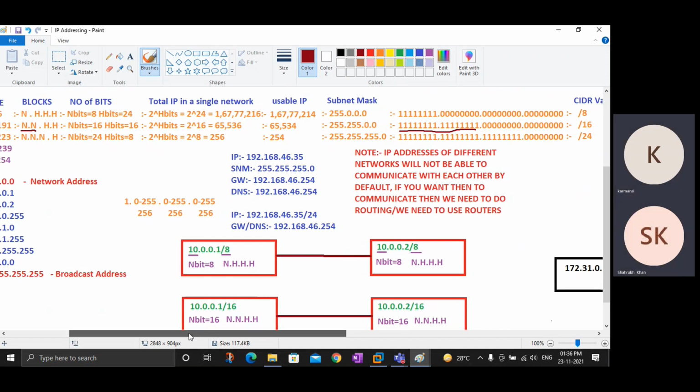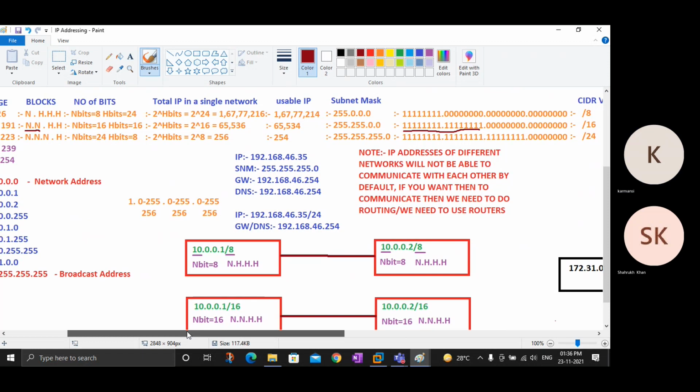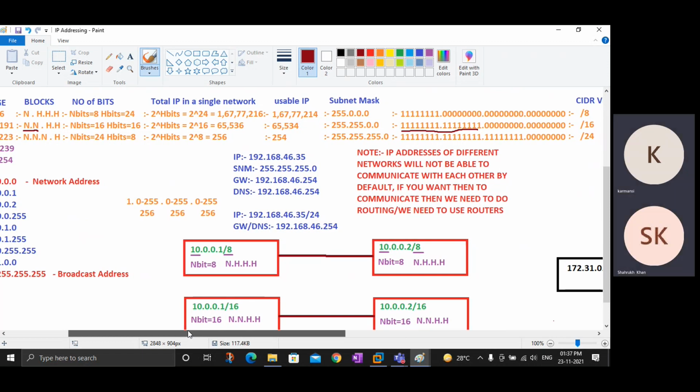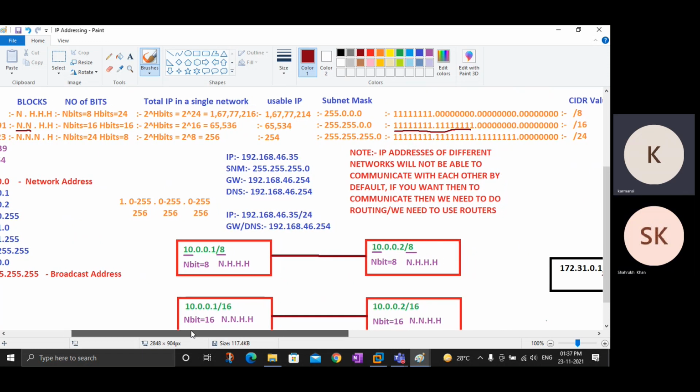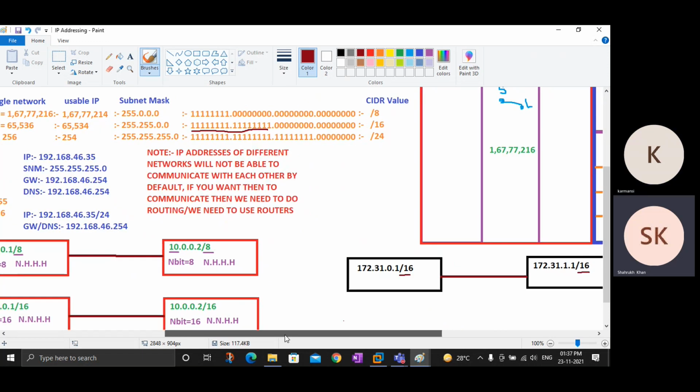So the slash value will always be there? That's the only way to check how many network blocks and how many hosts there are? No, the slash value will not always be there.